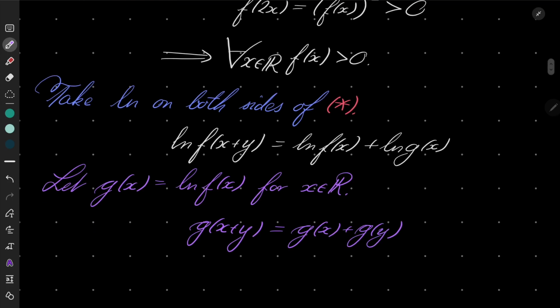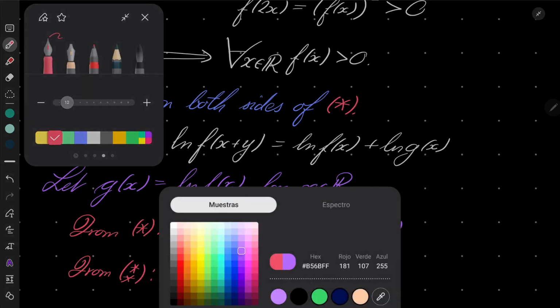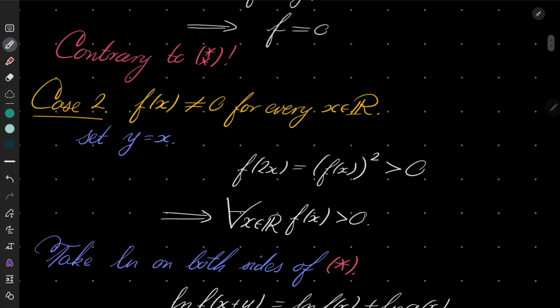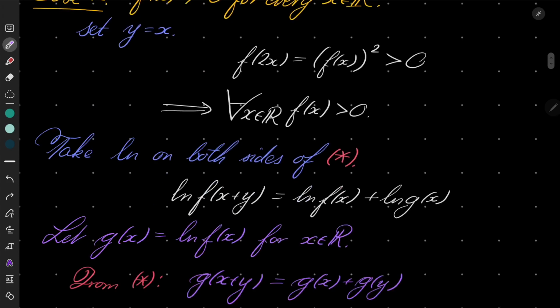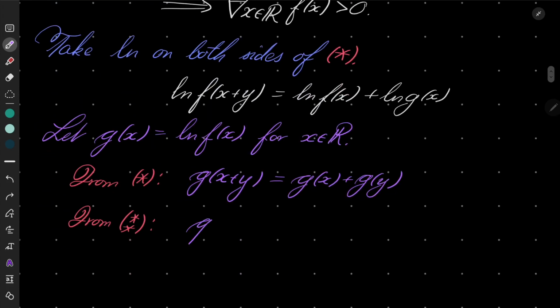And moreover, that is from our condition asterisk. And from our second condition, double asterisk, after taking natural log on both sides, we get g of x is greater than or equal to natural log of 1 plus x.